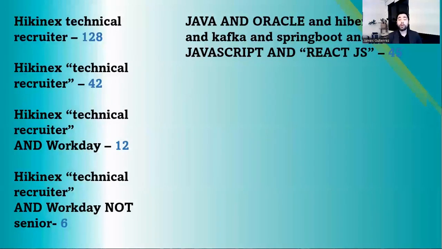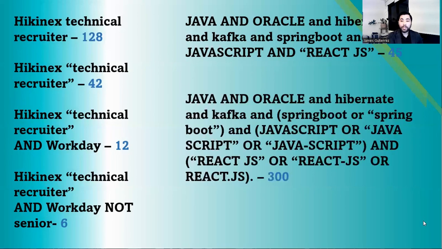So if there are any alternatives, you want to put them together using the OR operator. So, as you can see, we can expand this using Spring Boot or Spring Space Boot, and JavaScript or Java Space Script or Java Dash Script, accounting for the different ways that people could put this on their profile. Again, candidates are human, so you want to make sure that you include all of the different variations so you don't miss out on any potential candidates just because they wrote it in a different way than you were thinking.